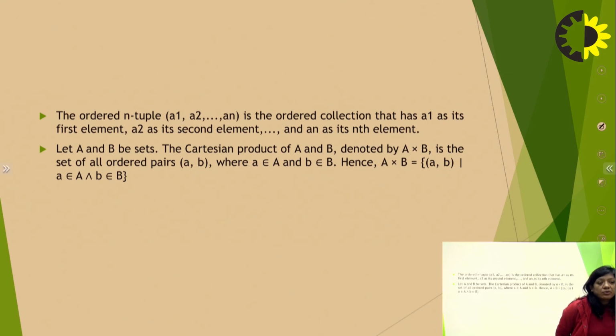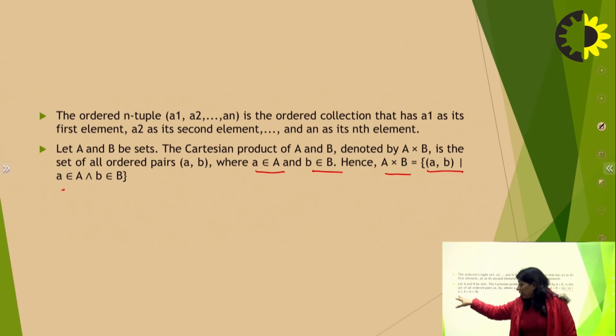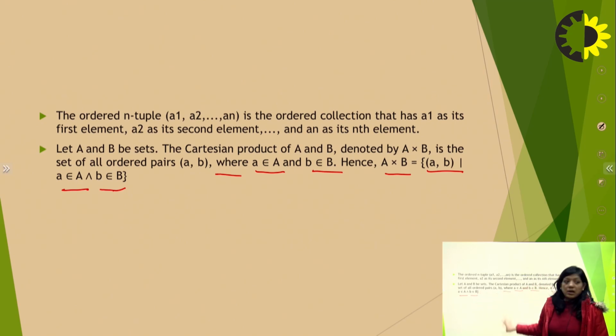And the Cartesian product: if we have two sets A and B, the Cartesian product of A and B, denoted by A × B, is the set of all ordered pairs (a, b), where a belongs to A and b belongs to B. So, we can write A × B = {(a, b) | a ∈ A and b ∈ B}. This is how we represent the Cartesian product.